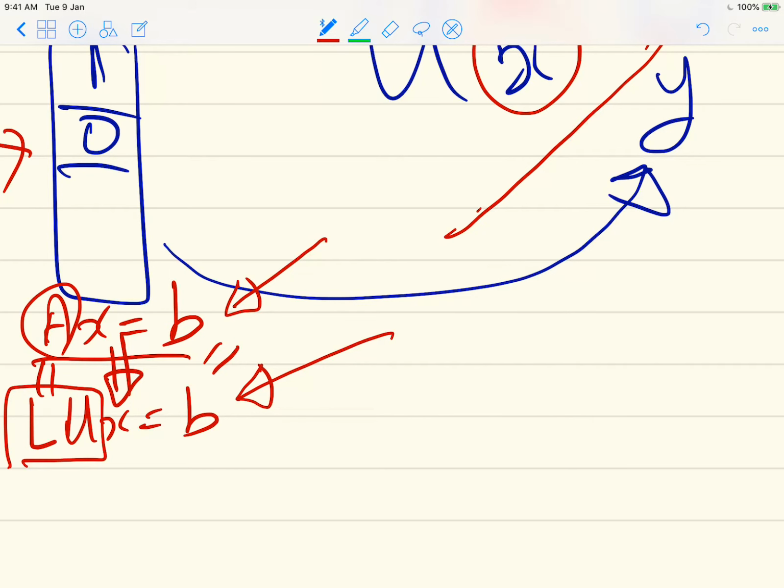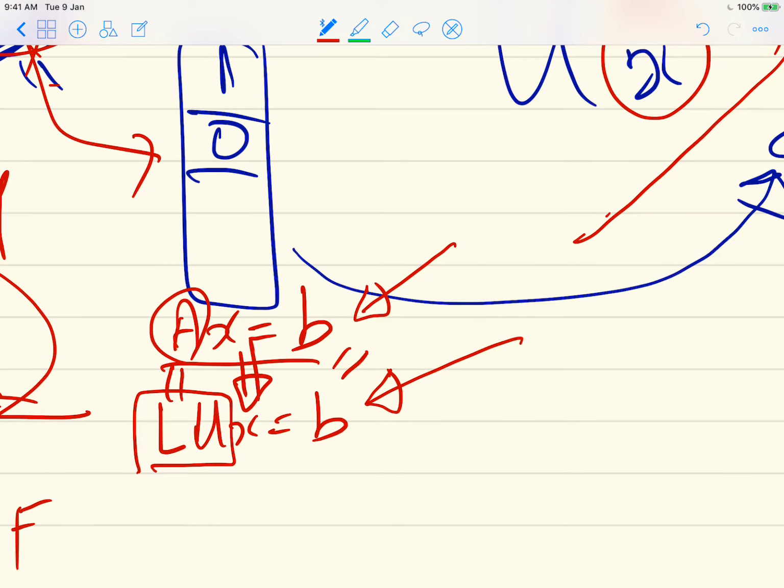So in that case, we end up with a wrong or inaccurate solution for the original equation. So that is the main intuition, or the story about the rationale behind why we need partial pivoting. Any questions so far?